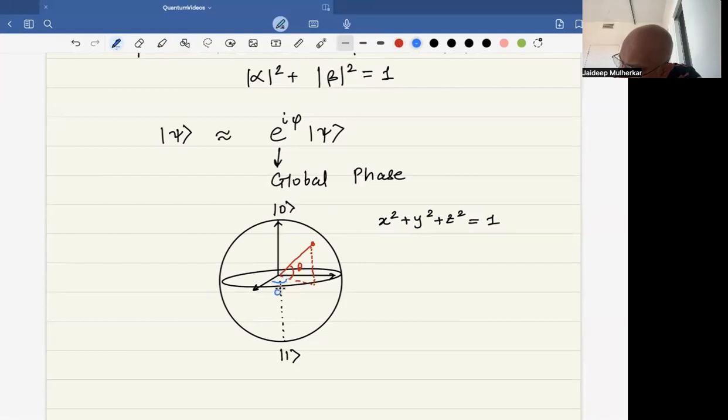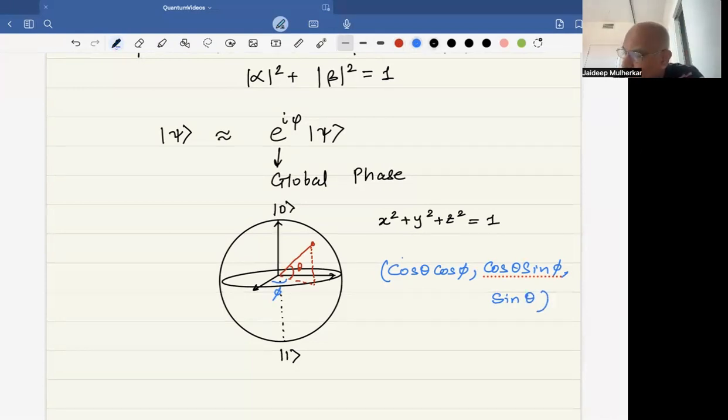So if you go to spherical coordinates, x will be cos theta cos phi, y will be cos theta sin phi, and z will be sin theta.